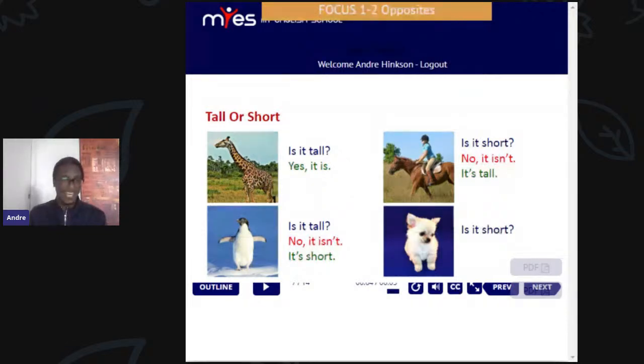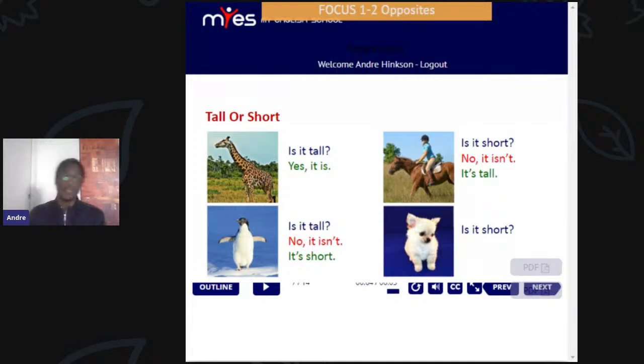Oh, this cute little puppy. Very cute. I wish I had a cute puppy. So the question is, is it short? The puppy. Is it short? Is it a positive answer or a negative answer? So is it short? The puppy, the dog?